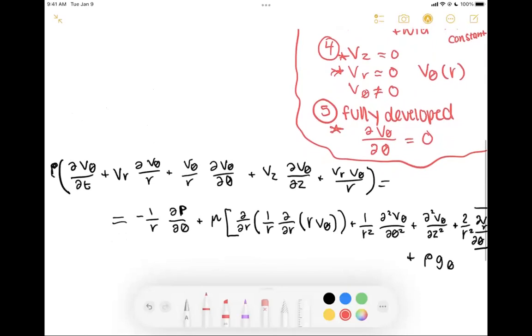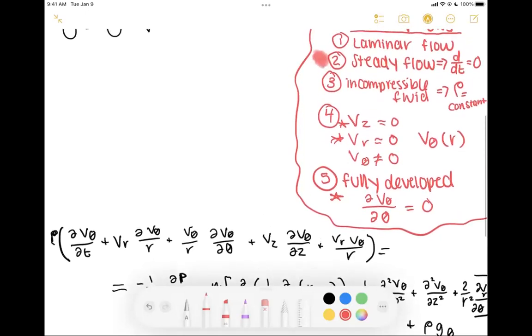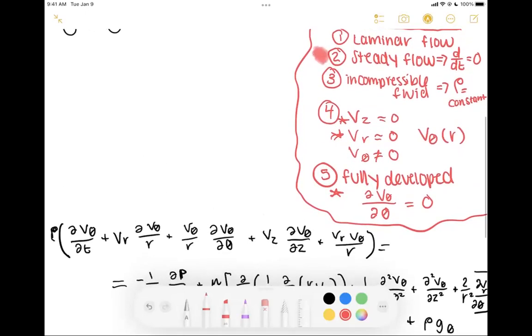So now we just have to go through this and determine which parts of it are equal to 0 and see what we're left with. I'm going to start on the left side. We mentioned in our assumptions that it's steady flow, so it does not change with time, so this is going to be equal to 0. VR is again equal to 0, so this is equal to 0.